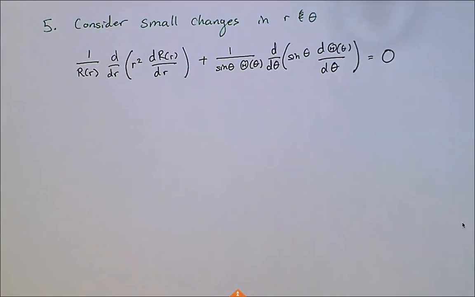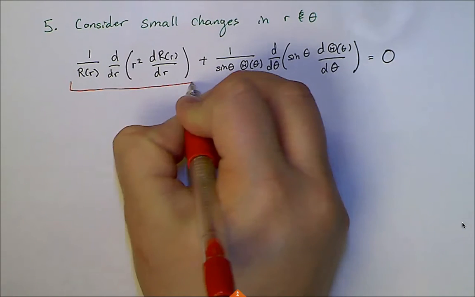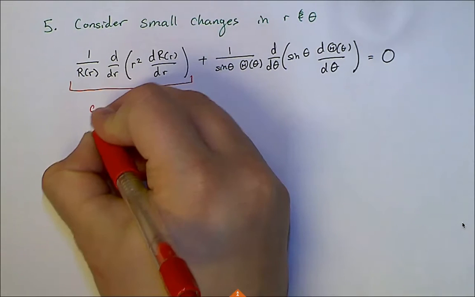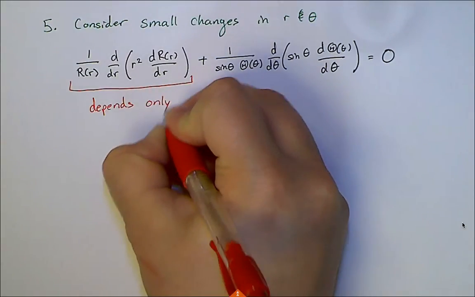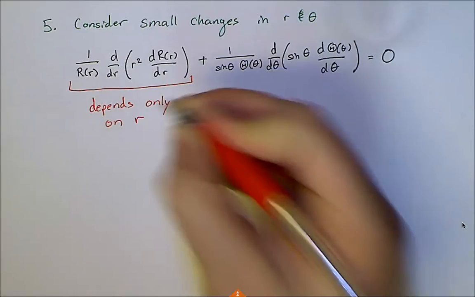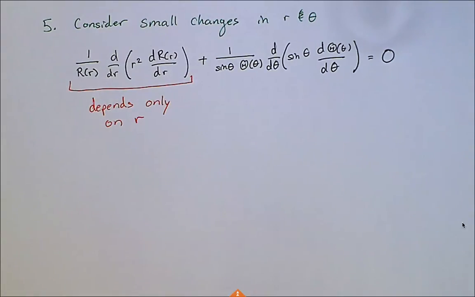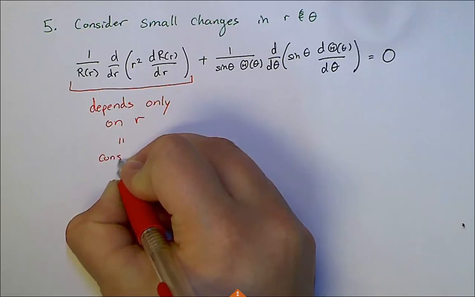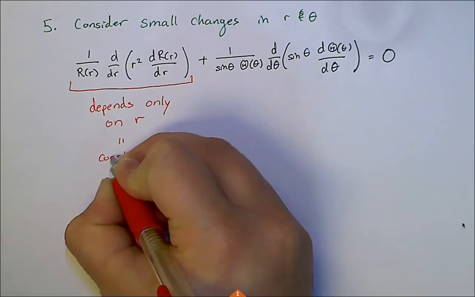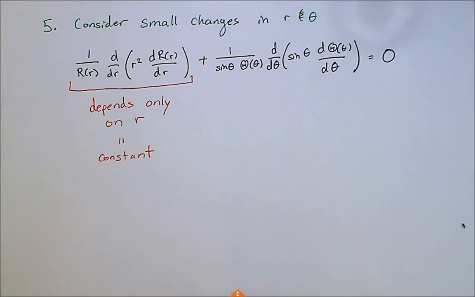Now, what happens if little r changes by a little bit? It is only going to affect this left term. So this depends only on r, not theta. So in order for this equation to be true for all values of theta and phi, this must be equal to a constant for all possible values of r.